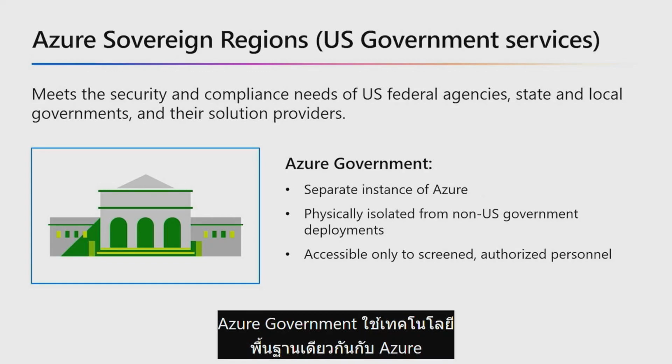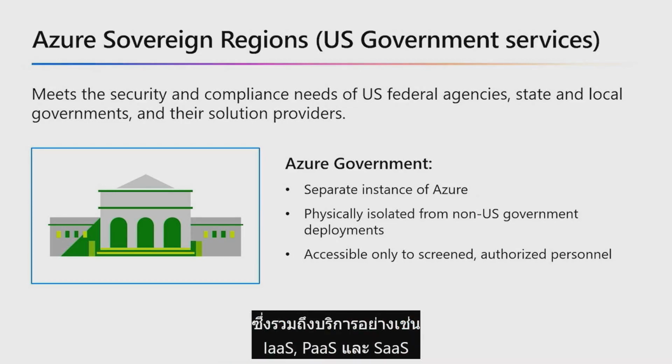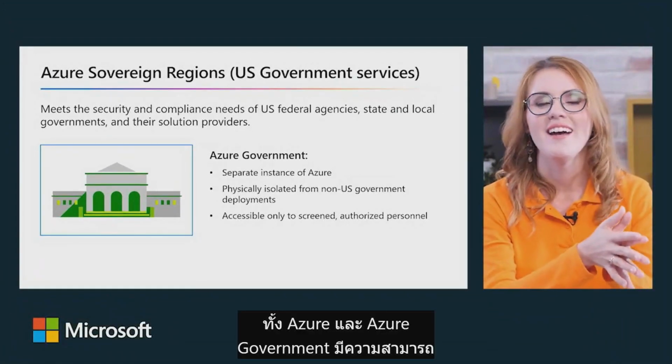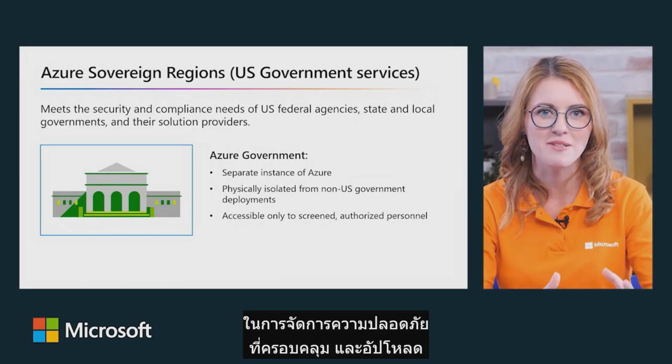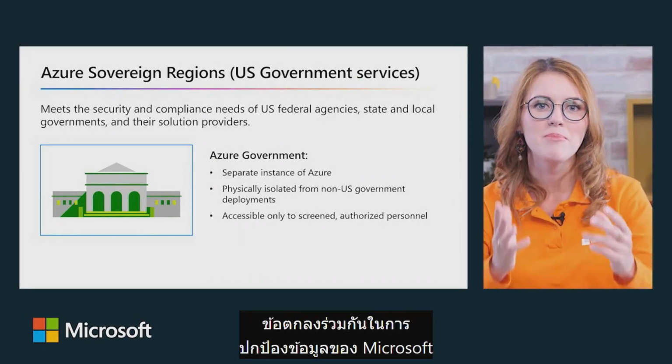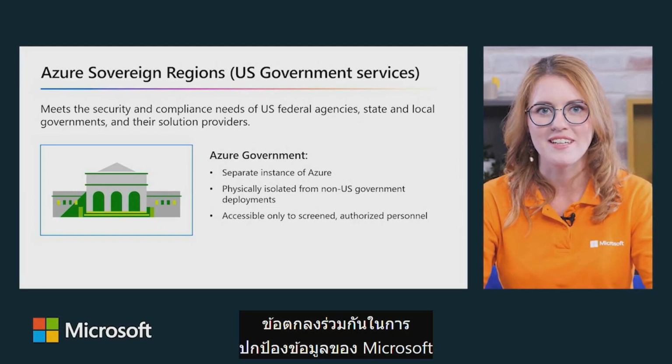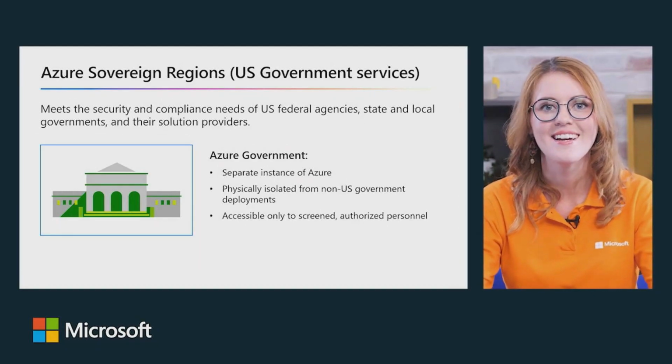Azure Government utilizes the same underlying technologies as Azure. This includes services such as IaaS, PaaS, and SaaS. Both Azure and Azure Government provide comprehensive security management capabilities, and uphold Microsoft data protection commitments.